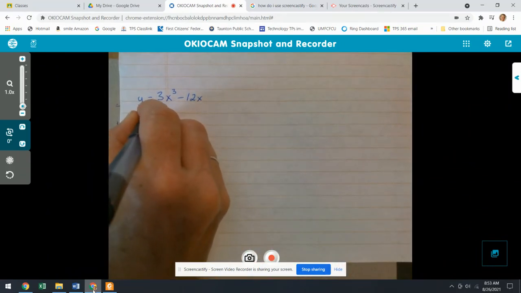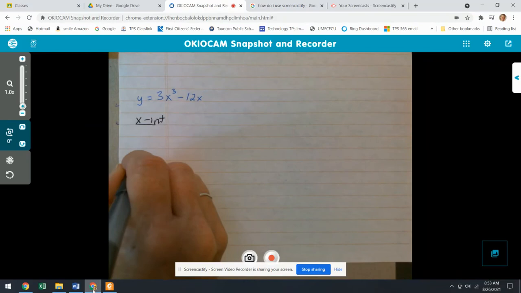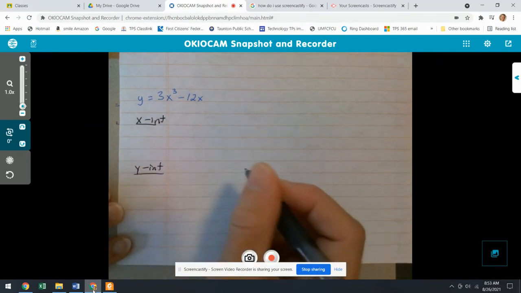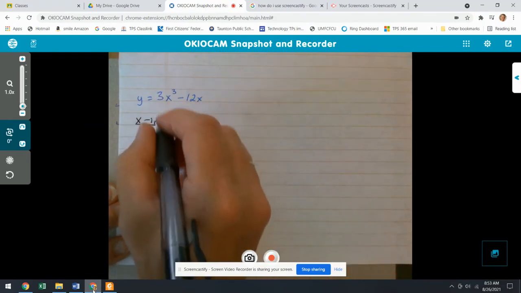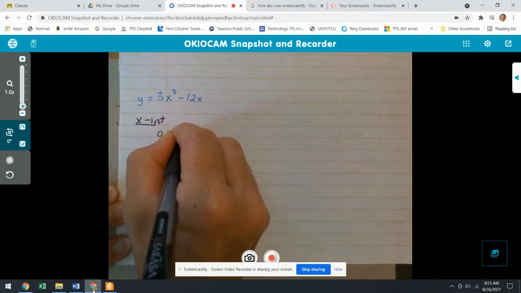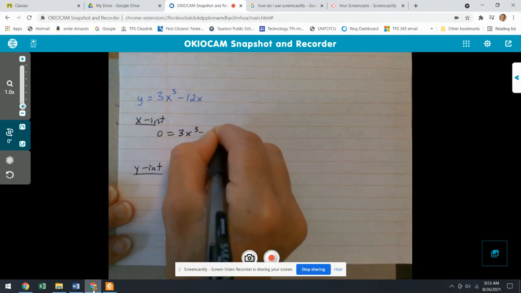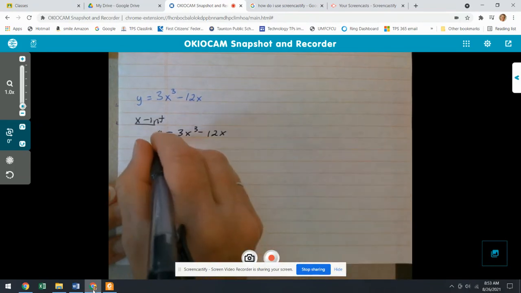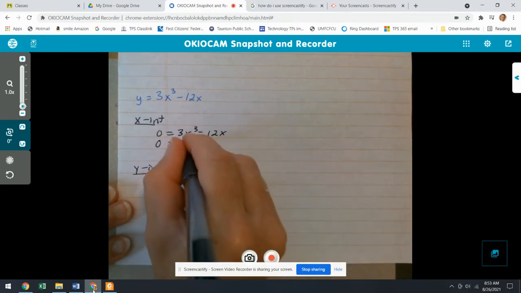Again, I encourage you to hit pause as you copy down the equation, figure out the intercepts, and come back and check your answers. So for the x-intercepts, we put in 0 for y. Then what we're going to do is factor out a 3 and an x.